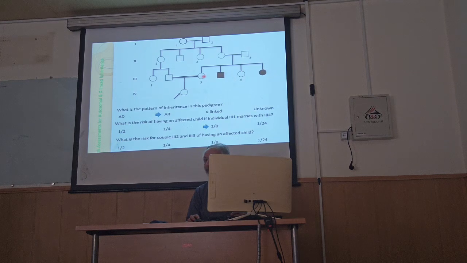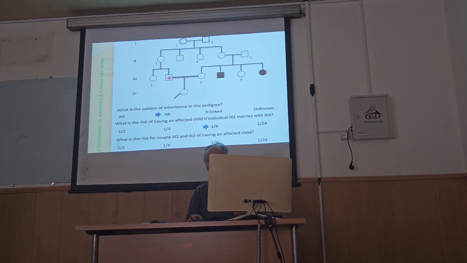Oh, 2 by 3? Sibling of an affected person, a sibling of an affected individual has a chance of 2 out of 3 to be a carrier.